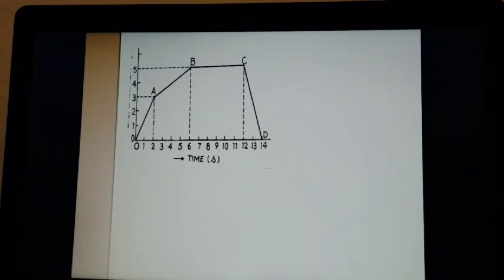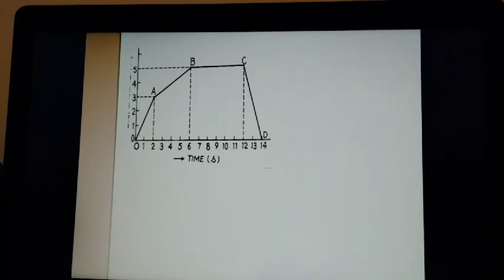Non-uniform velocity means the velocity is not constant throughout. It travels with different velocities. That is another type of position time graph.